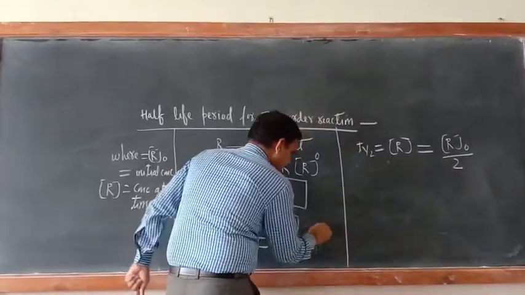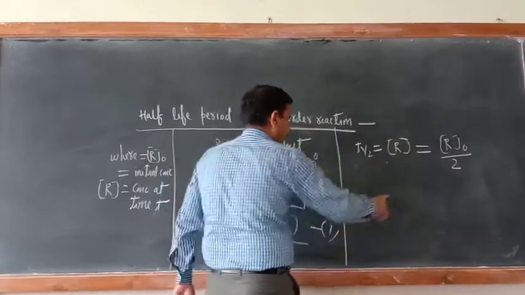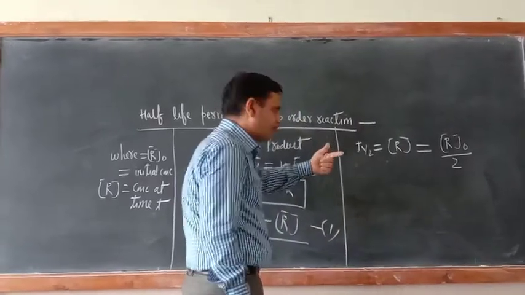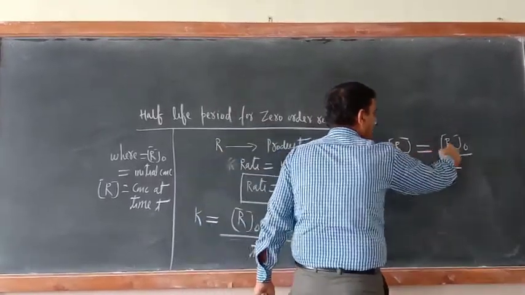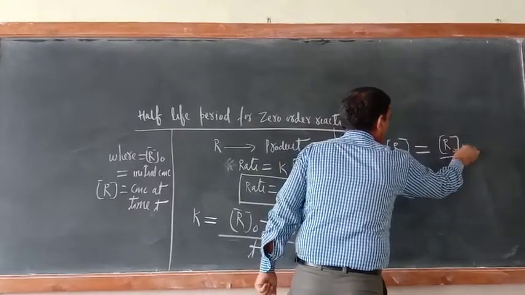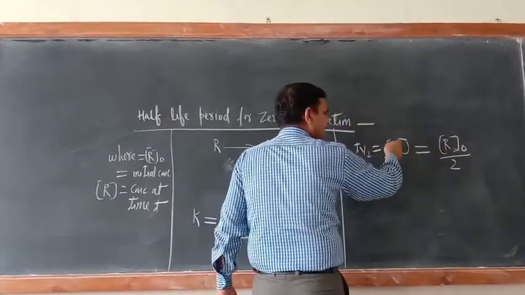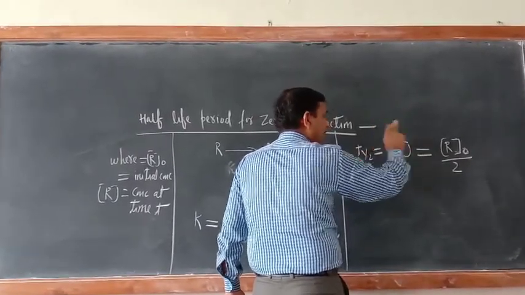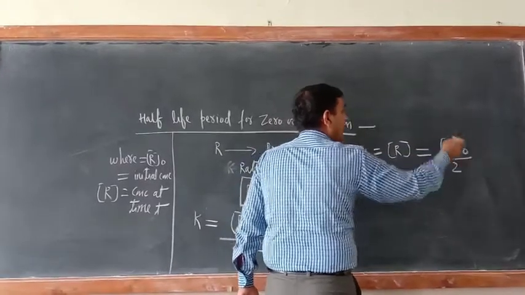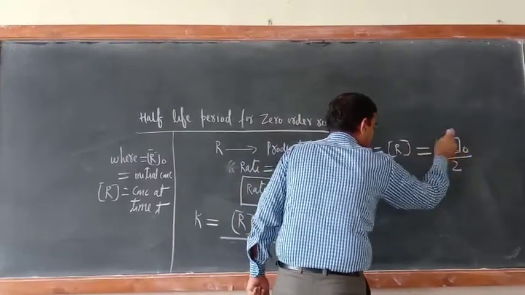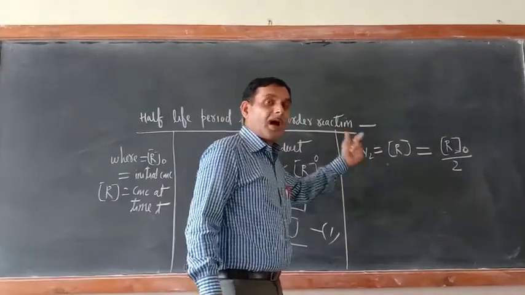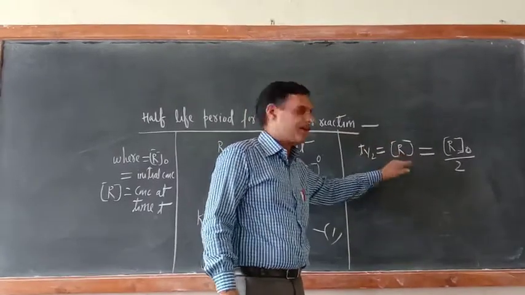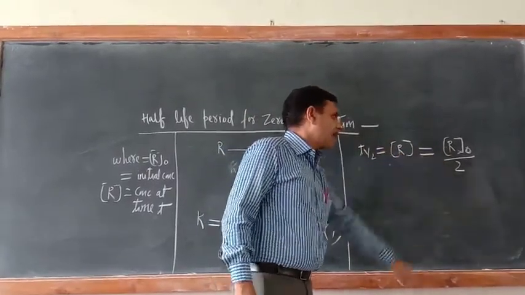So in place of R we write R0 by 2, because R is the concentration at time t, and at t half, half of the concentration gets converted into product from its initial concentration.